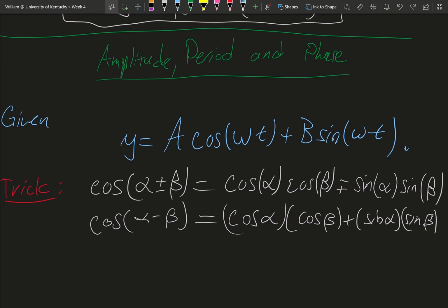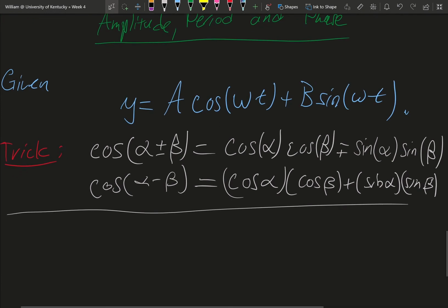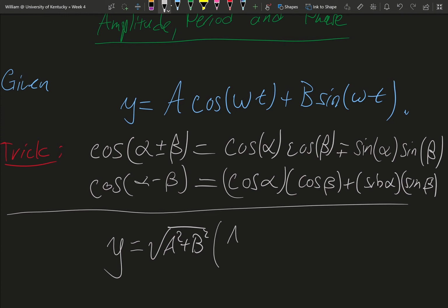And so what the trick is, we take this, we rewrite y as the square root of a squared plus b squared times a over the square root of a squared plus b squared. So we're just sort of multiplying and dividing, times cosine of omega t.